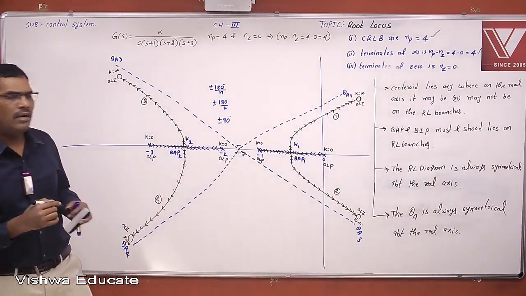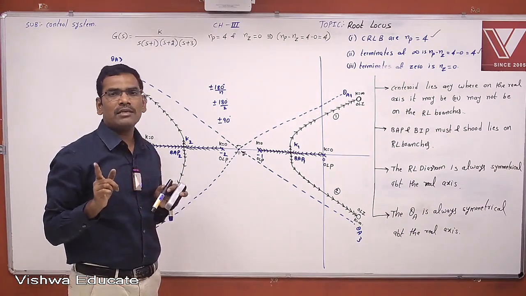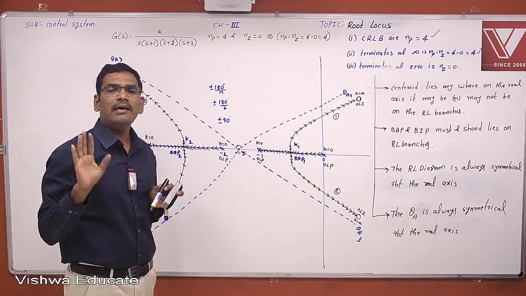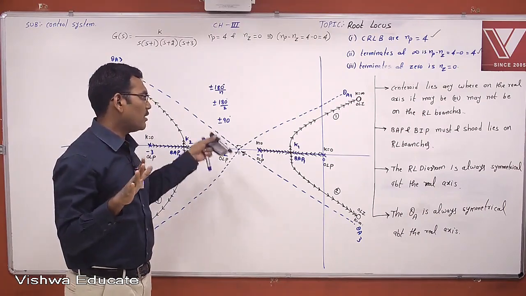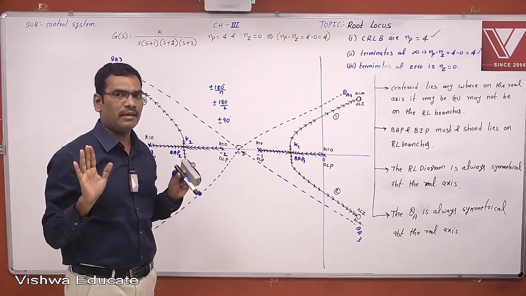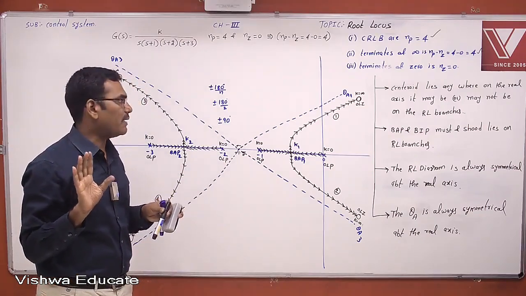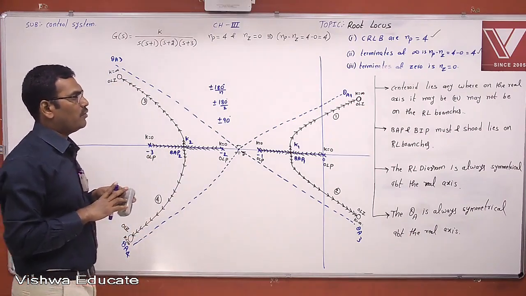Okay, these are the few important points while you are drawing the root locus diagram. If any symmetricity is not maintained with respect to the real axis, that diagram is 100% wrong. Angle of asymptotes are always symmetrical, therefore the root locus diagram is always symmetrical. And the shape of the root locus diagram will be the same as that of the angle of asymptotes. Understand? Now note down these few points.